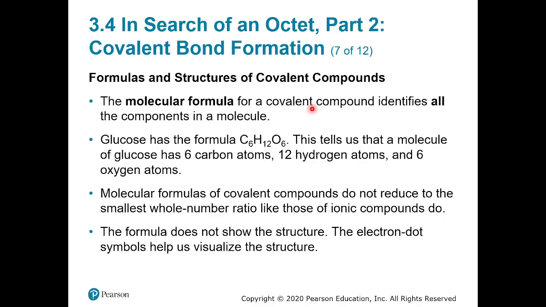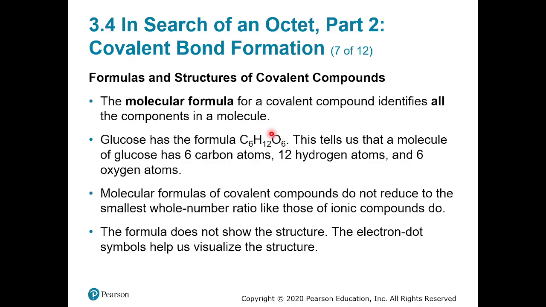Okay, so let's talk a bit more about molecular formulas. For a covalent compound, this is going to identify all the components in a molecule. So glucose is going to have a formula like so. We have C6H12O6. That was the glucose we had been talking about before.